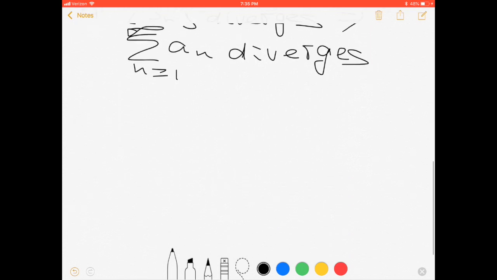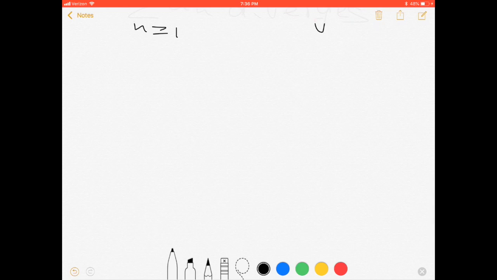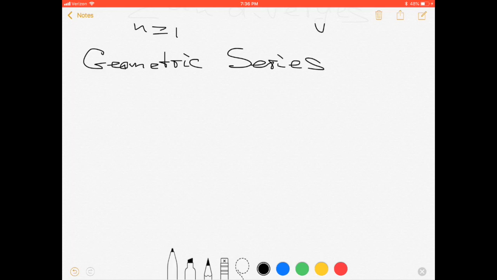Let's think about some types of infinite series we may have used before. The first one is called a geometric series.